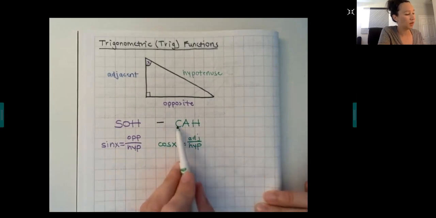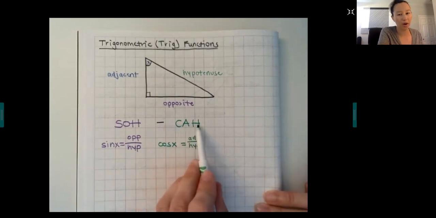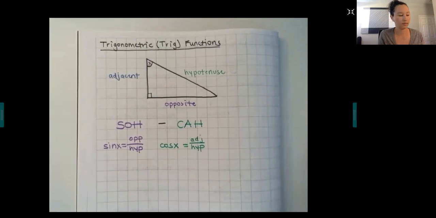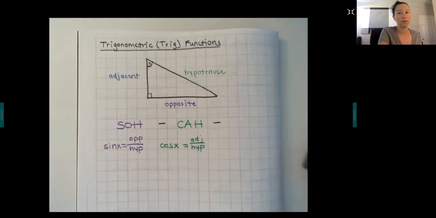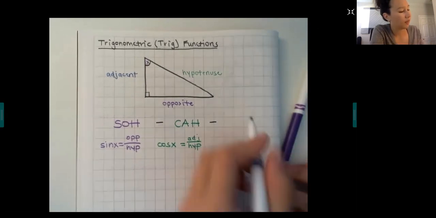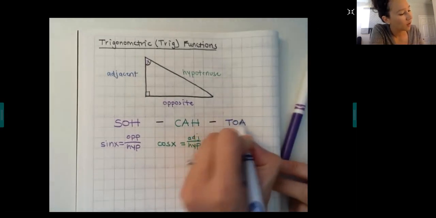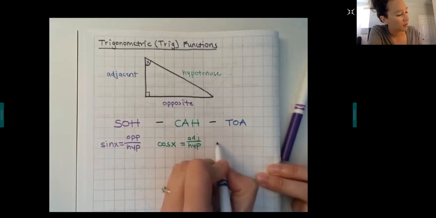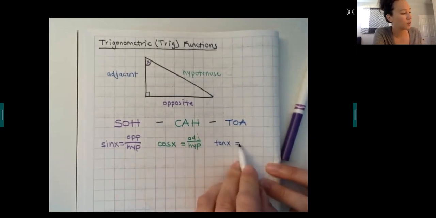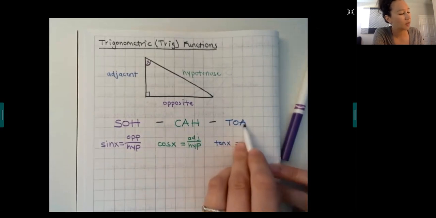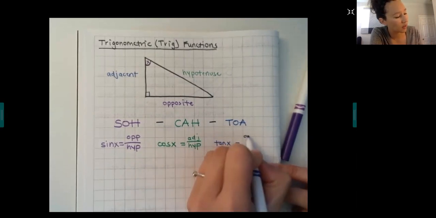So cosine equals adjacent over hypotenuse. And then the last one, we remember as TOA, because the tangent of angle x equals the opposite over the adjacent.